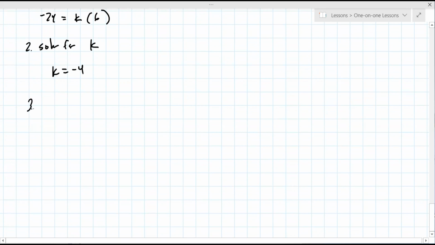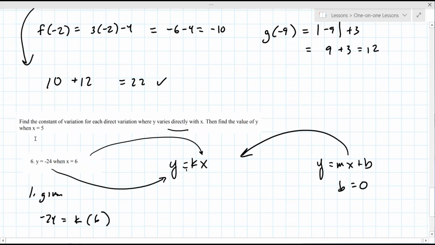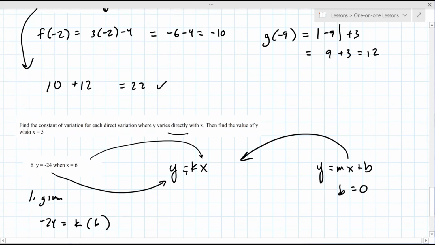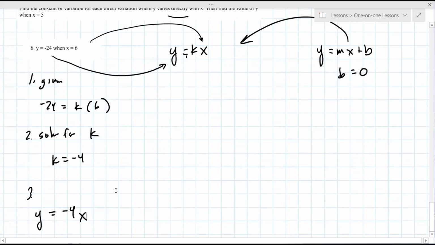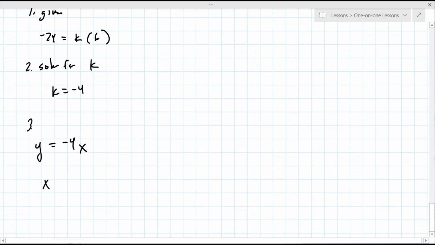So you have y equals -4x. And then they always give you a value, in this case when x equals 5. You see up here, find the value of y when x equals 5. Well, you put 5 in. If x equals 5, this is y equals -4 times 5. That's -20. Okay.